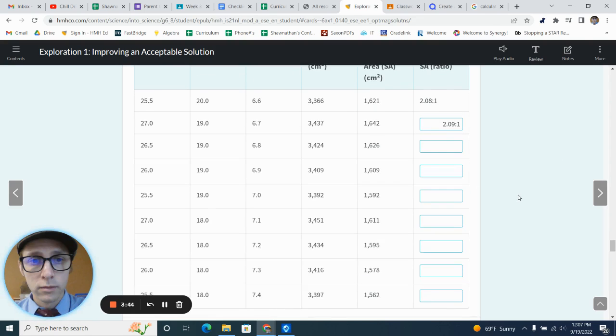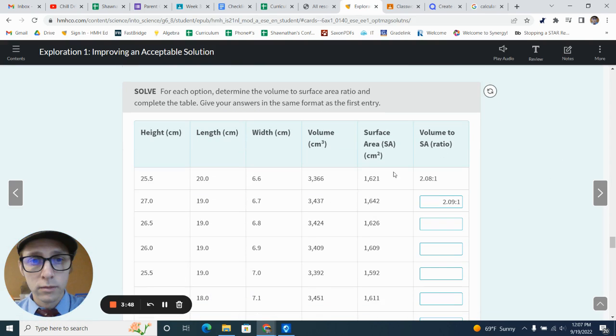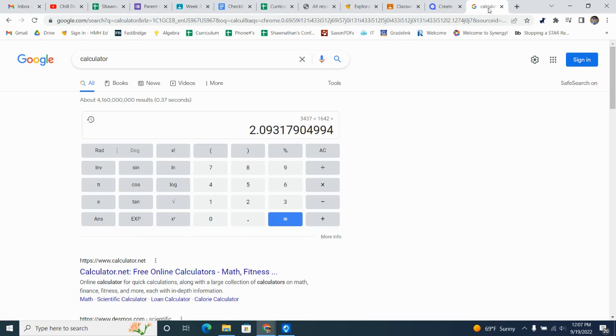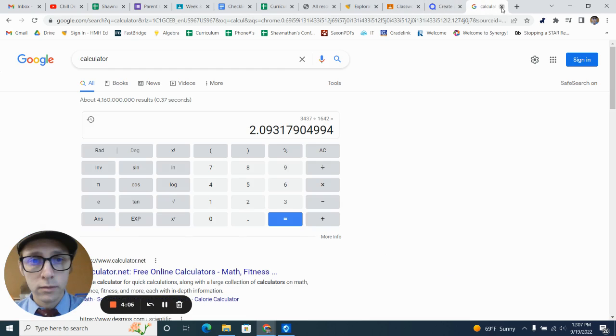If it doesn't make too much sense, you'll eventually get to it in our math stuff, so don't worry too much about that. But the main thing to know is all ratios are really just fractions, and all fractions are really just division problems. So we just do 3,424 divided by 1,626. And again, feel free to use a calculator for it. Google provides a good one.